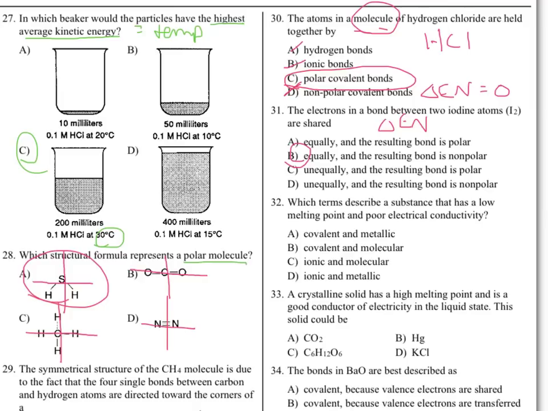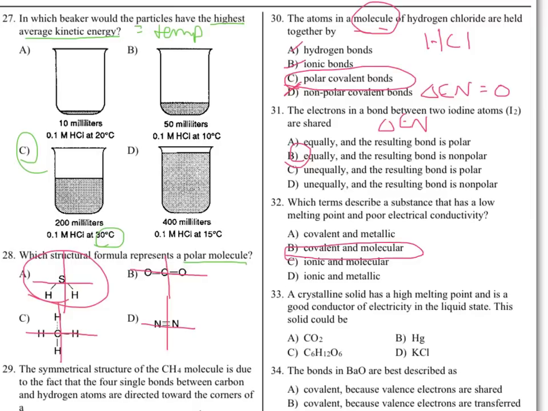Question 32 asks us to describe a substance with a low melting point and poor electrical conductivity. Low melting point and poor electrical conductivity represent covalent molecules, which are only made up of nonmetals. And recall that covalent is synonymous with molecule.